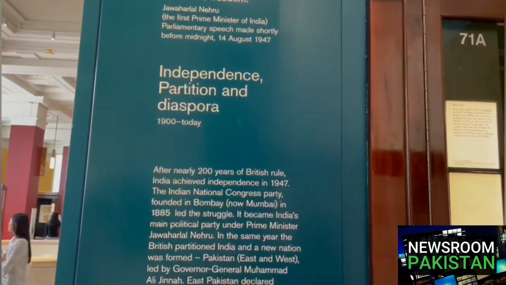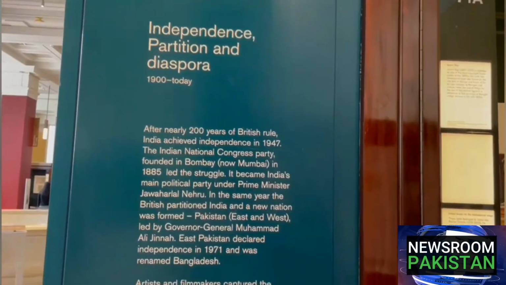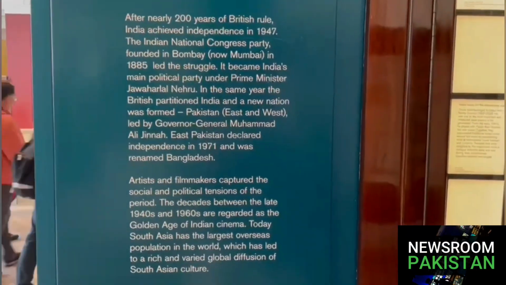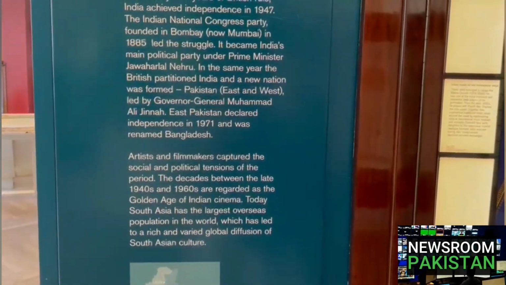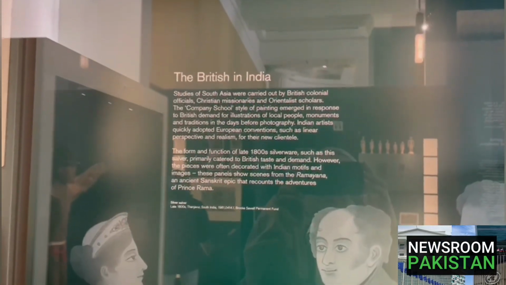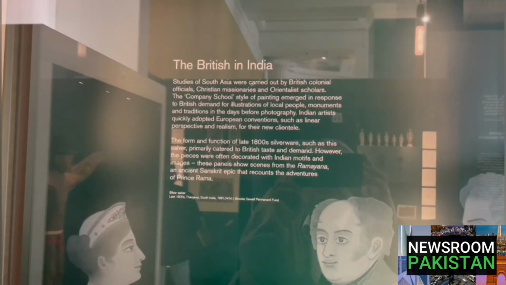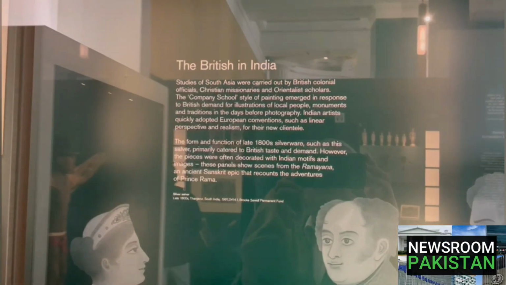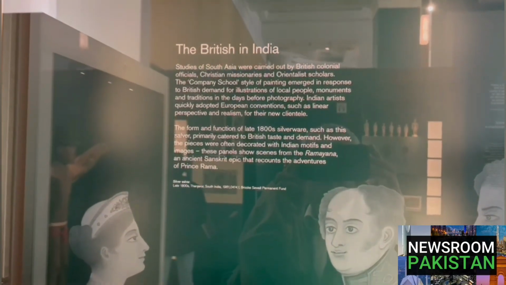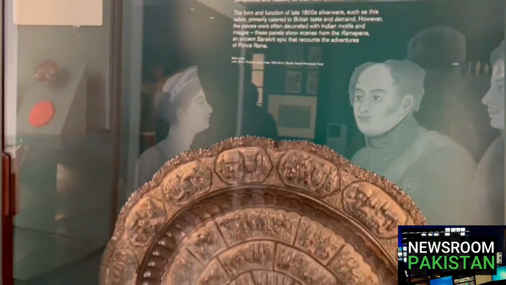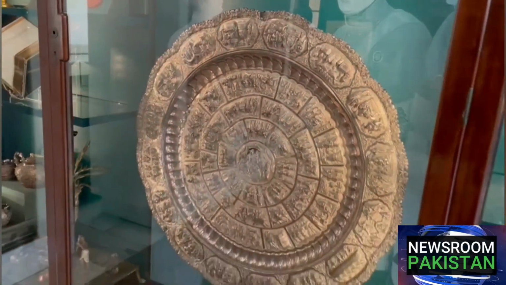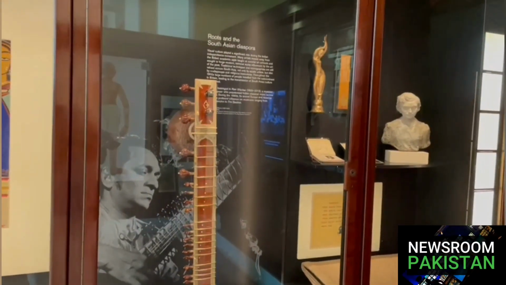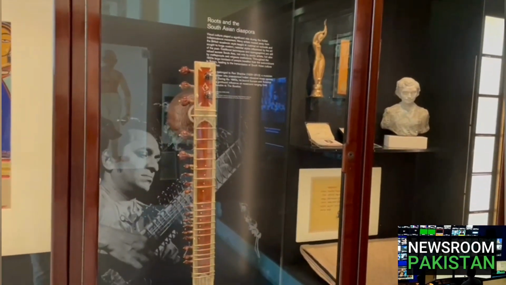Independence, partition, diaspora from 1900 till today. This is British in India. As you can see, the studies of South Asia were carried out by British colonial officials, and here is the proof of it. This is the modern introduction of the South Asian diaspora in the British Museum.